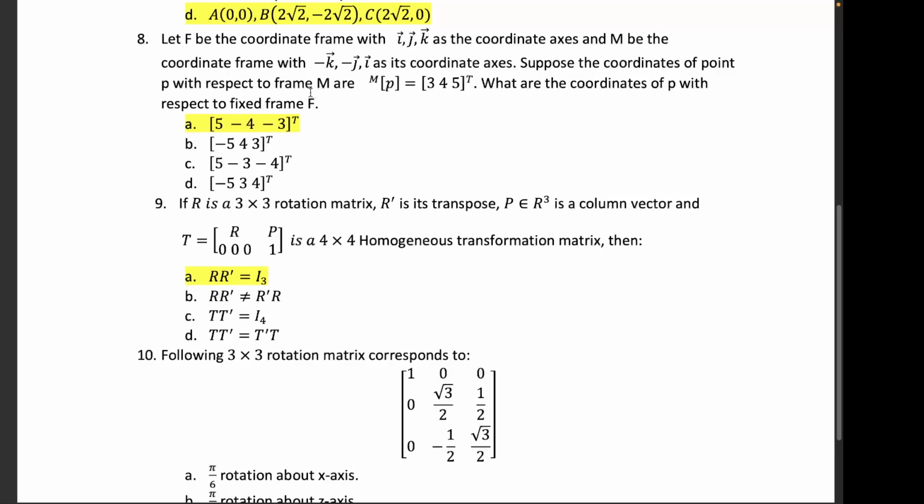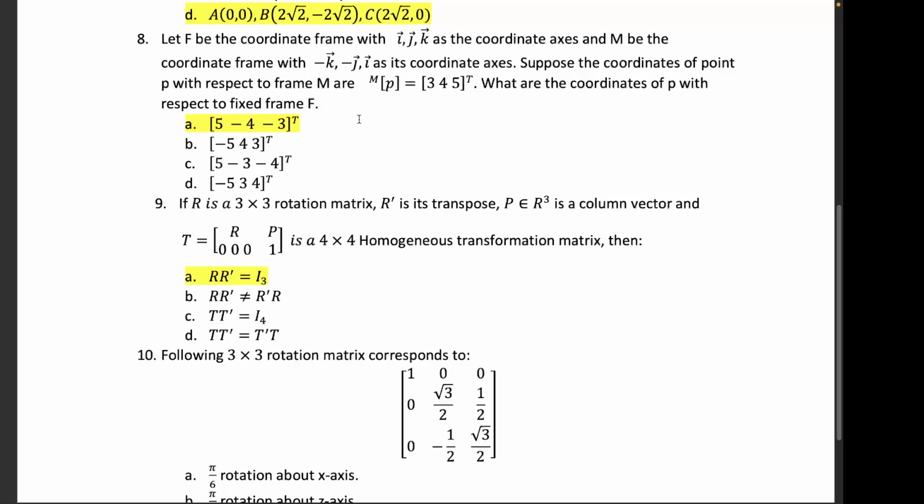Now the coordinates of point P in frame M is 3, 4, 5. So we need to find the coordinates of point P in the fixed frame, right?